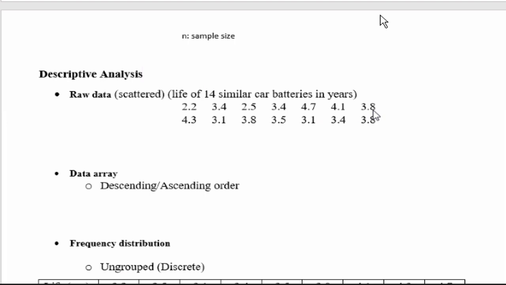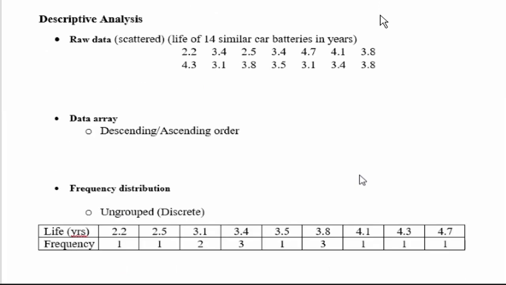The simplest form of formatting may be the data array, which means you arrange the data into either descending or ascending order. That is the simplest tabulation technique, called a data array. Another better or advanced format of tabulating data is the frequency distribution.